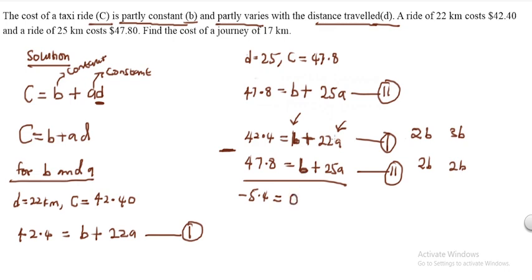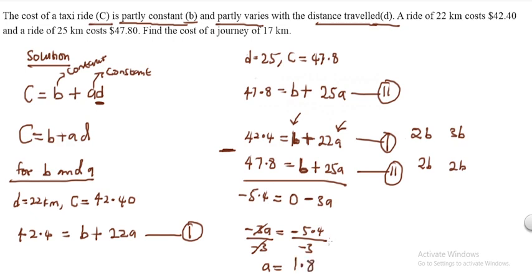Here I have 22a minus 25a, that is minus 3a. So minus 3a is equal to minus 5.4. If I divide both sides by minus 3, this cancels out this. My value of a is then equal to minus 5.4 divided by minus 3. If I do that with my calculator, I'll get 1.8 as a.